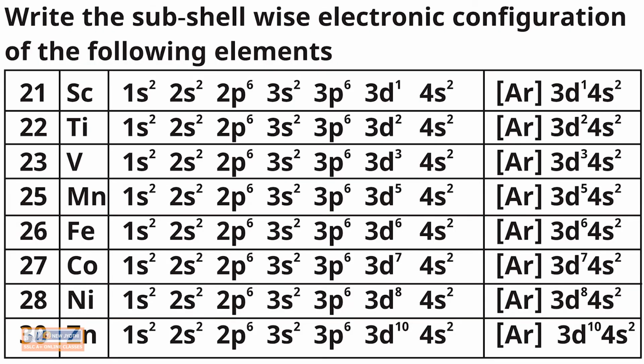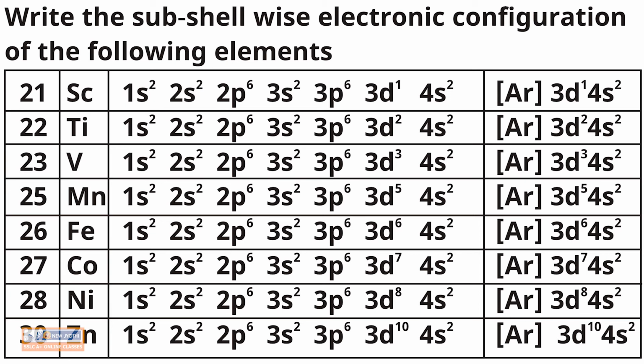Have a look. Scandium, atomic number 21, can be written as 1s2, 2s2, 2p6, 3s2, 3p6, 3d1 and 4s2. So this can be abridged in the shortened form. Scandium: in the square bracket argon is written, and then 3d1, 4s2. The electronic configuration of argon is 1s2, 2s2, 2p6, 3s2 and 3p6.